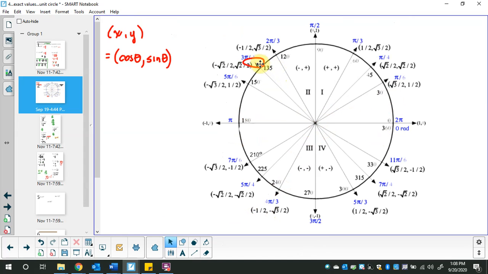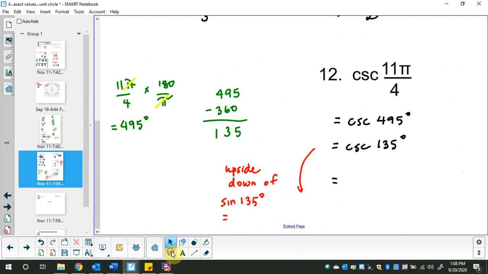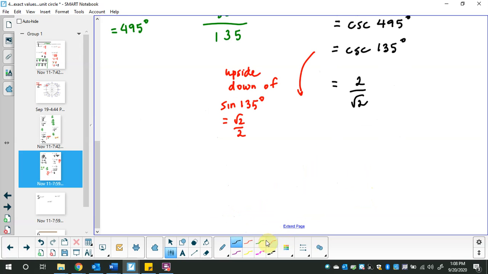135 sine. So root 2 over 2. Turn that upside down, and I'm okay with that. But I do want you to know that that's another one of those uncool things, so I'm just going to go through again how to fix this for your future.